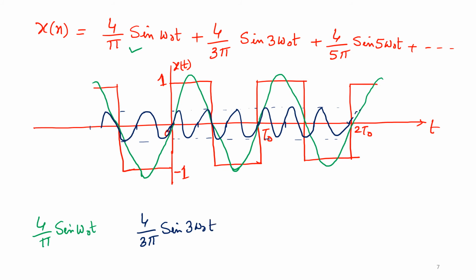So if we combine these two together, then what will we get? The combination of these two is what we are looking for. Now you see here both are positive, adding, so here we'll get a higher peak. But in the middle you see it is a little bit reduced. It could be negative as well. So the resultant of these two could be like this. I'll draw with different colors.